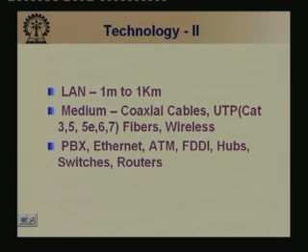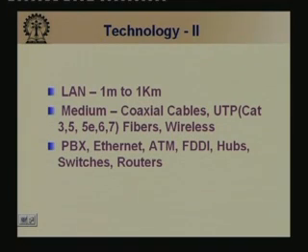First, let us look at the kind of media that we use in a LAN. LAN, as you would remember, is a local area network, and a local area network could vary from, let us say, 1 meter to 1 kilometer. So, it is local strictly by some means of its size in some way.